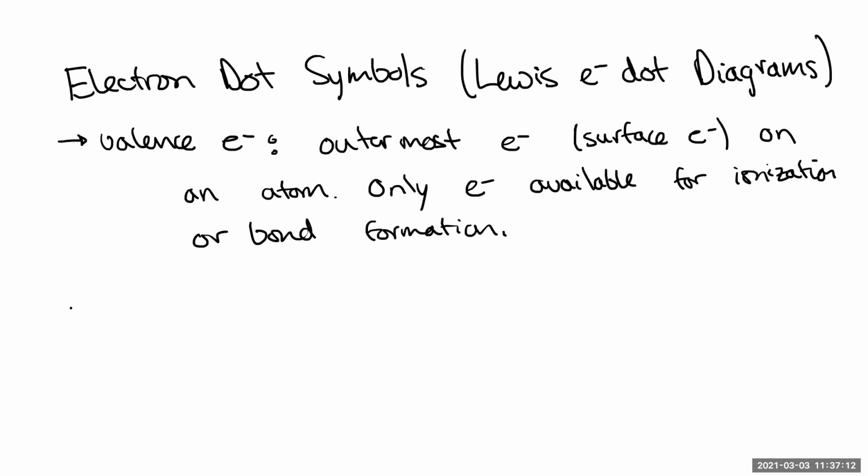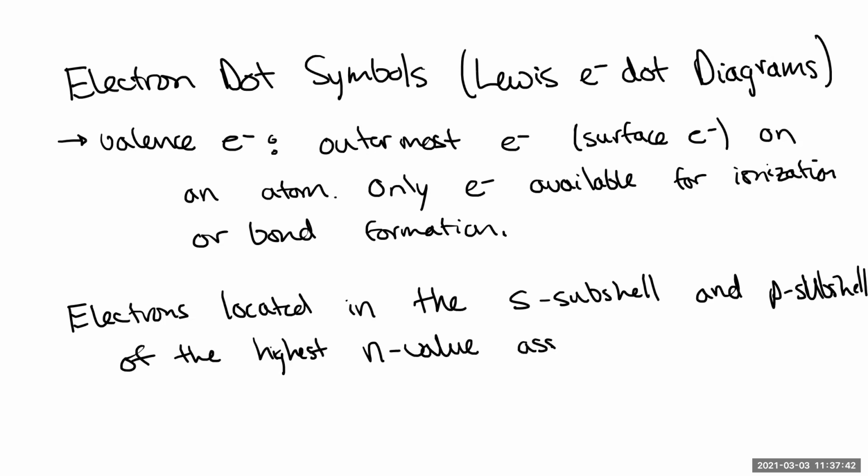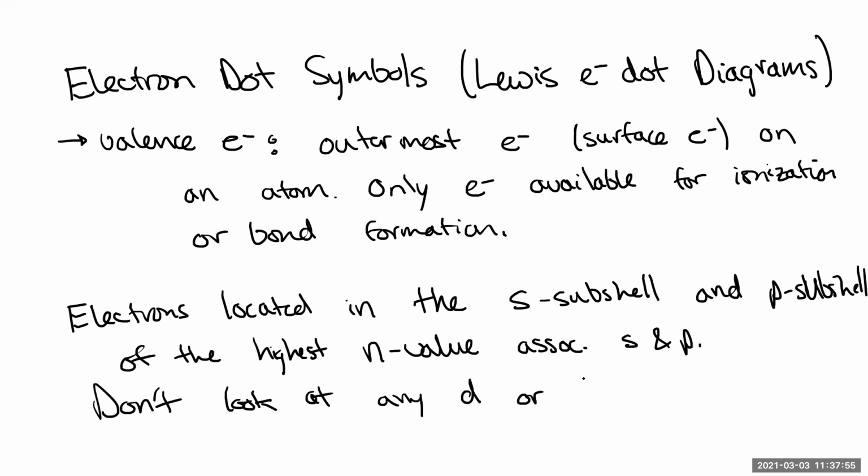And what these are is the electrons located in the S subshell and P, if there are ones there, P subshell of the highest N value associated with S and P. We generally don't look at any D or F subshell electrons.